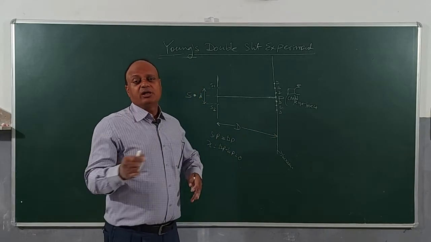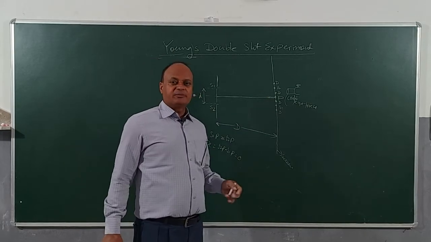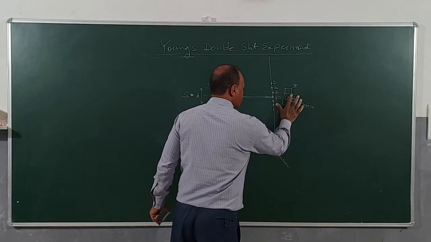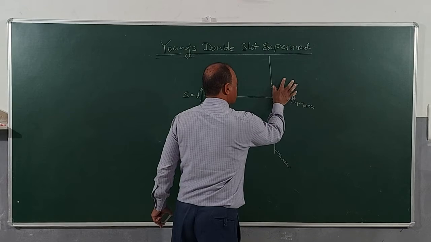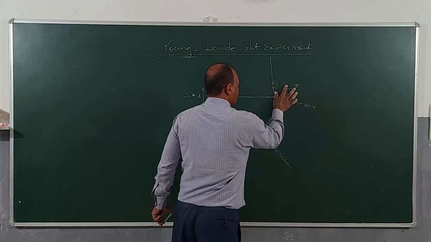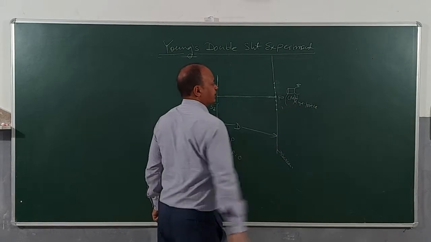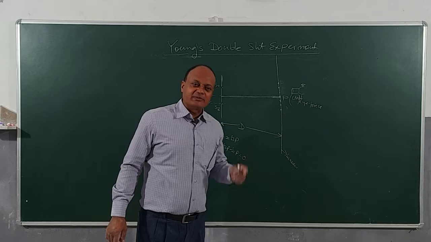Now what I will do is, I am going to find out what will be the distance of a certain bright spot or a certain dark spot from the central maximum. Clear? So again, for not complicating the diagram, I am going to rub this so that we can clearly illustrate all these measurements in the diagram. Clear? So remember, the centrally located point P is a central maximum or a bright spot.